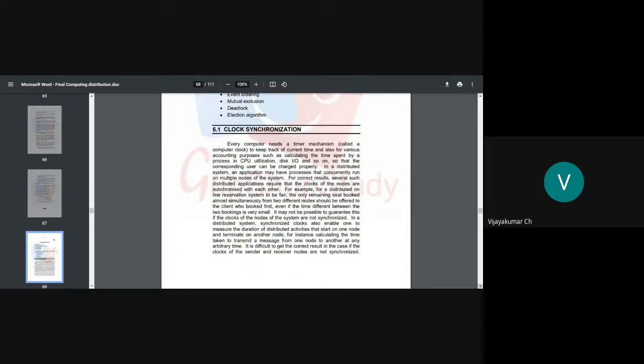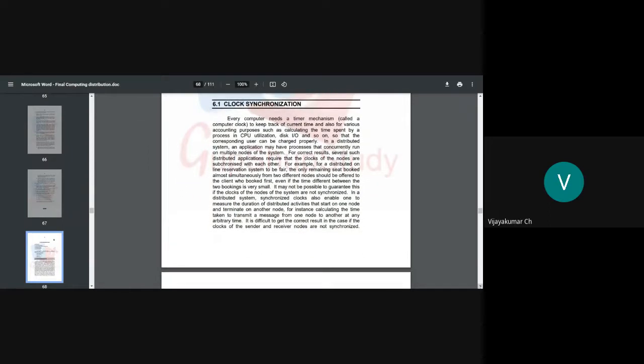So listen carefully. What is clock synchronization? Let us see. Every computer needs a timer mechanism, which is known as a computer clock. Why are these computer clocks implemented in computer systems?